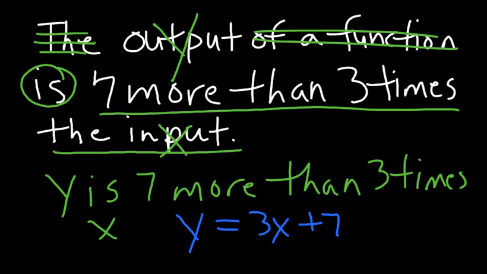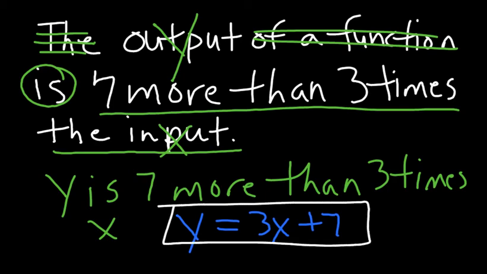Now, that's the first part of this problem. First, you've got to figure out exactly what the equation looks like that goes with this. It's always going to use the word output, always going to use the word input. So you have to realize output is y and input is x. Get rid of some words you don't need and figure out an equation from it. Now, that's part 1.